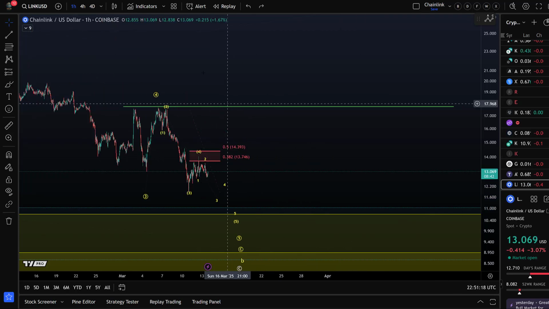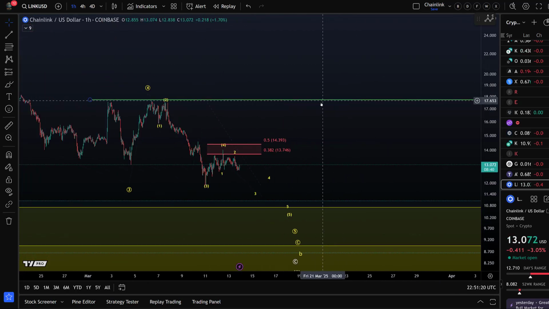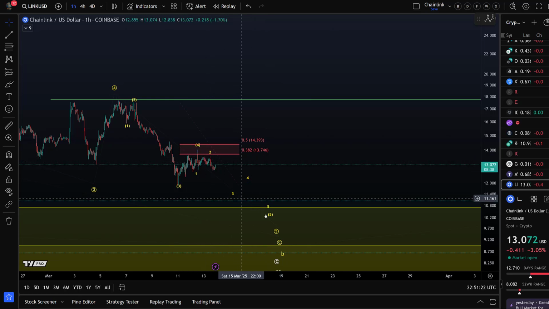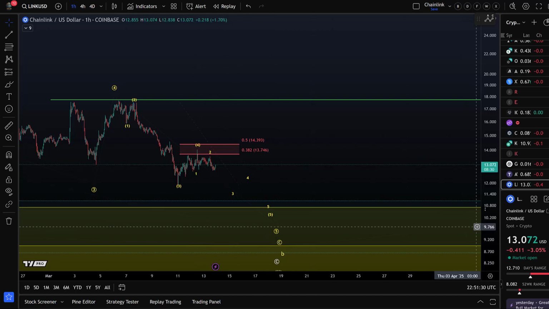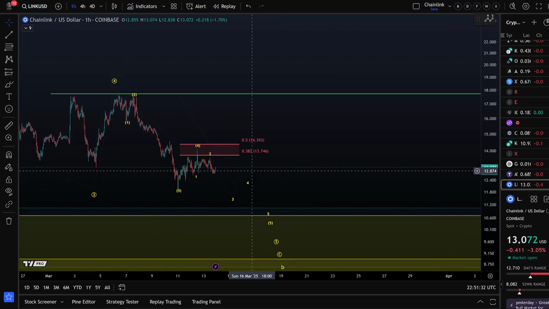If we zoom in a little bit further, then we can see that here in this internal 5th wave down, we're tracking another 5-wave move. I'm not confident about this. This is always the matter with these microstructures. If you go too much into the smallest detail, these are very, very fragile.